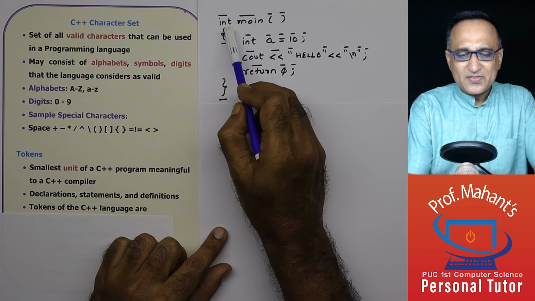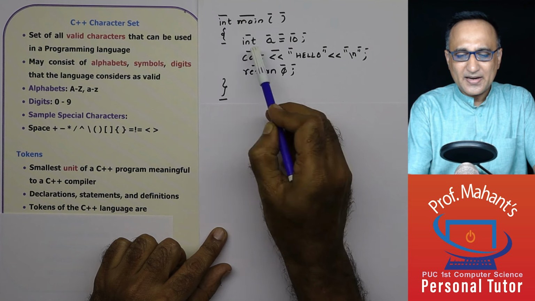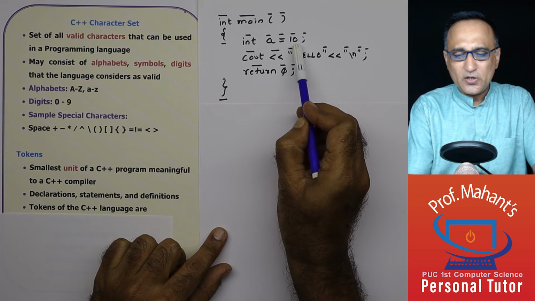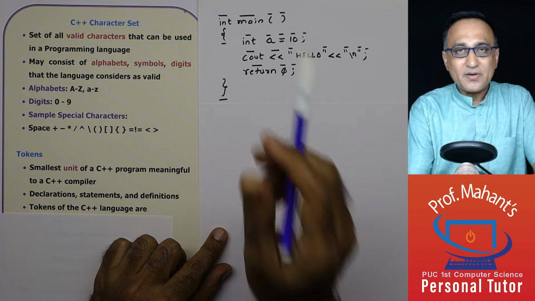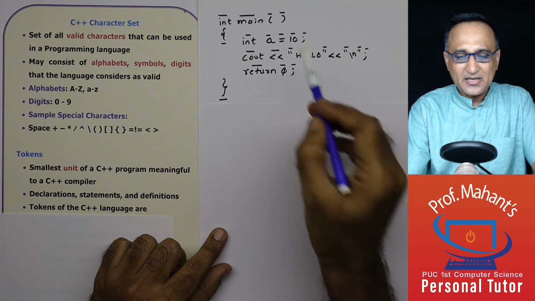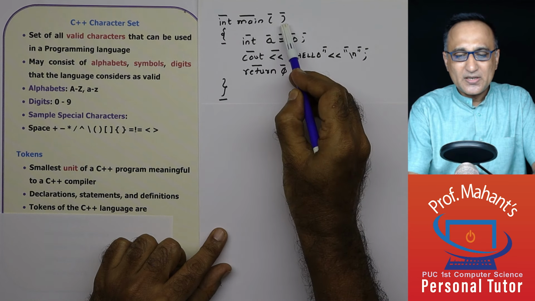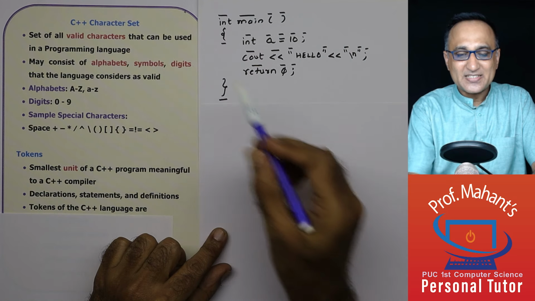So what I have written, I have said int space main, round brackets, flower brackets, int space a equal to 10, semicolon. So int is one token because it has some meaning to a compiler. Main also has some meaning. This also is one token. This is another token. Flower bracket is also part of the valid character set.